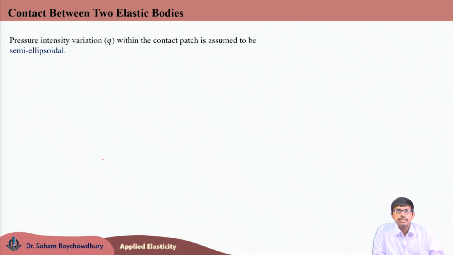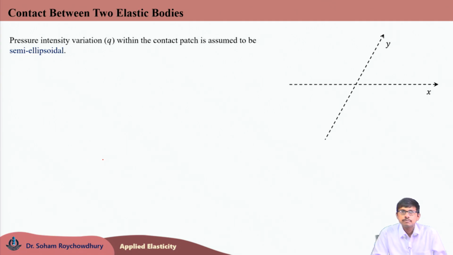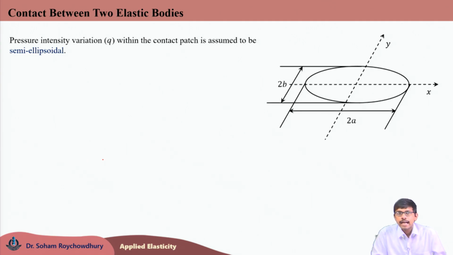Now, moving forward, the pressure intensity variation q can be obtained to be having a semi ellipsoidal variation, because already we had discussed the contact patch profile boundary is described by an equation of an ellipse. So, hence the pressure distribution within that contact patch would be semi ellipsoidal in nature.